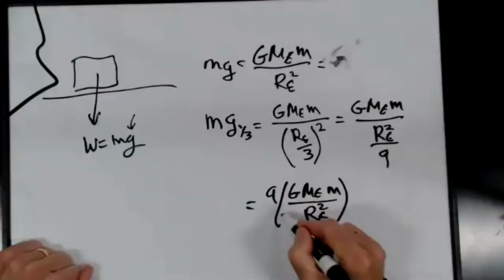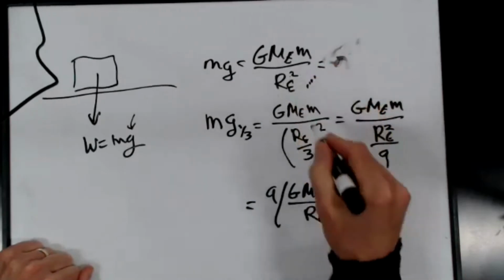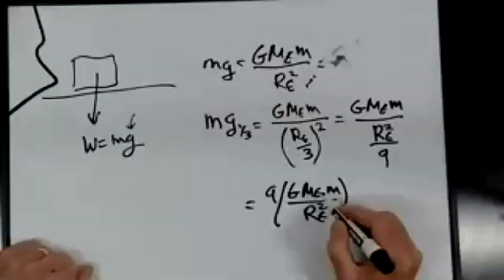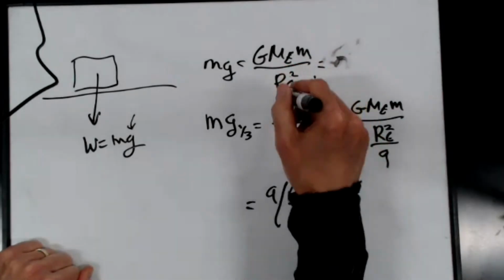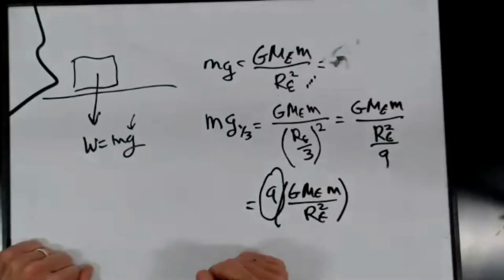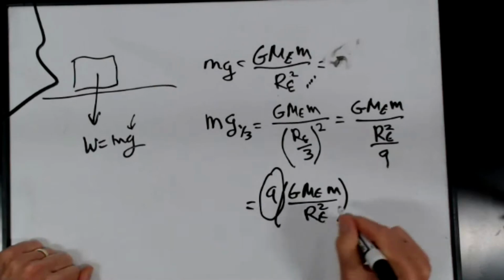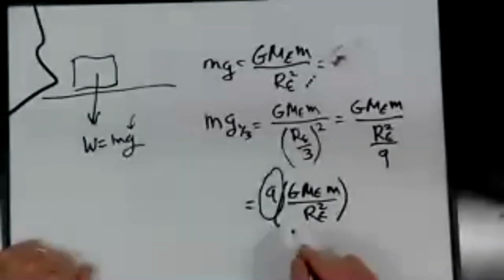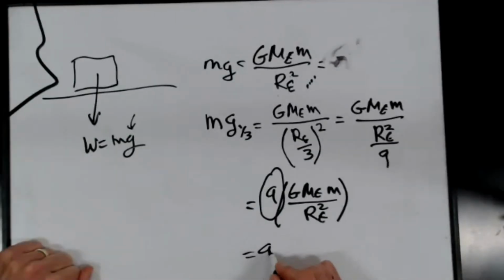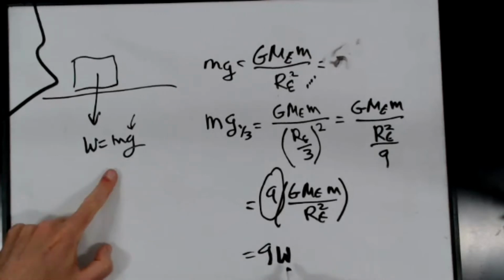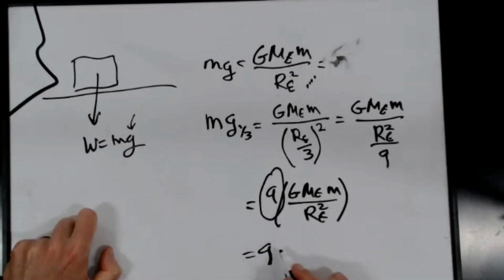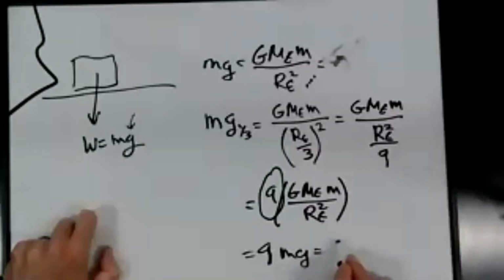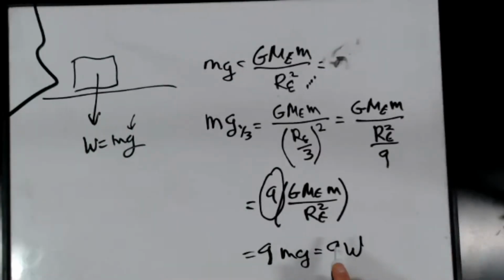Well, this is back to the thing we started with, GM, mass of the Earth times the mass of the object over the radius of the Earth squared. And so the new thing is 9 times bigger. You with me? Yeah. And so it's equal to 9W. This is just mg, and so it's equal to 9 times mg, which is 9 times the weight.